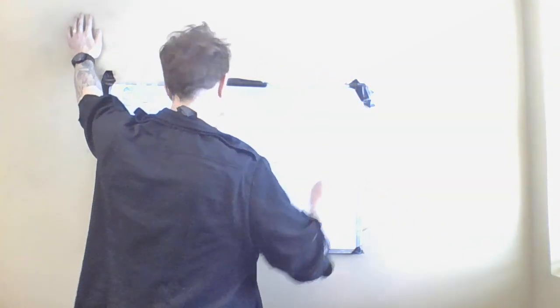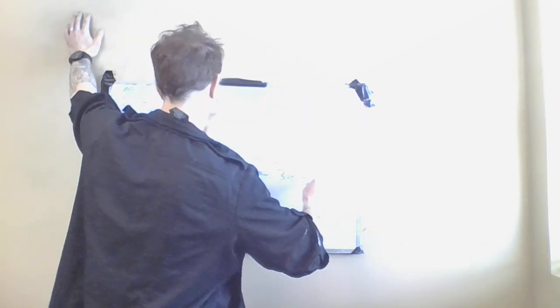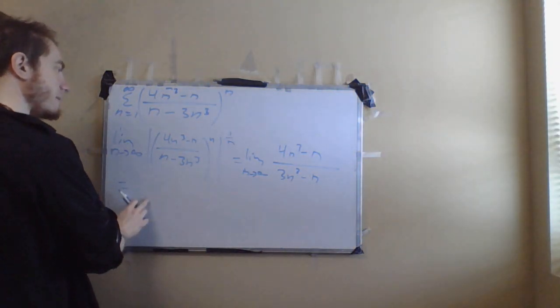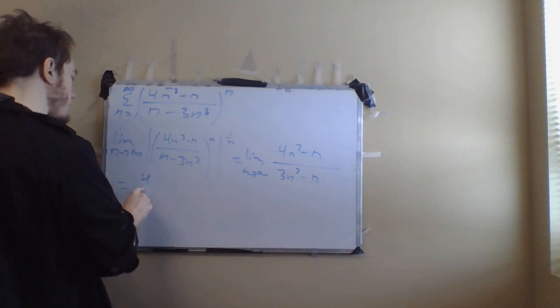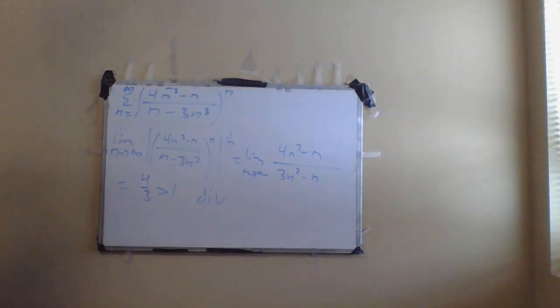So the denominator is going to give me 3n cubed minus n. The numerator is going to give me 4n cubed minus n. Then the 1 over n and the n cancel with each other. This limit is going to be equal to 4/3. This is bigger than 1, so the series diverges.